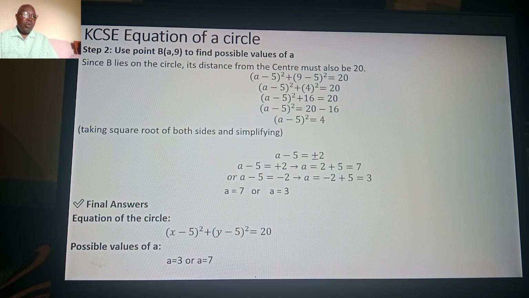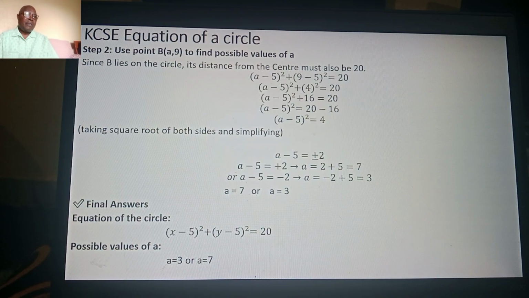That is applying the equation of the circle. a minus 5 squared plus 4 squared, because 9 minus 5 is 4, equals 20. a minus 5 squared plus 16 is equal to 20, because 4 squared is 16.